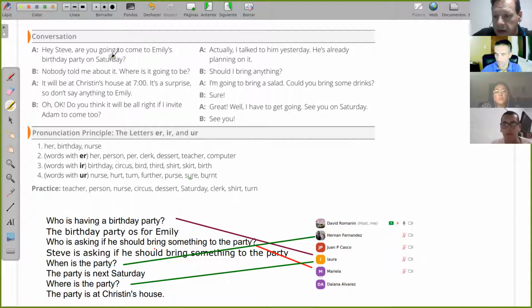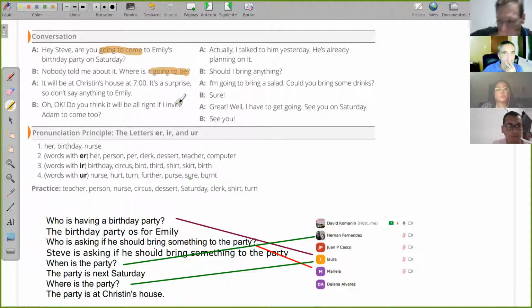Voy a dar un ejemplo, ¿sí? Lo que tenemos que hacer ahora es buscar dónde hay palabras que nos indiquen el futuro, ¿sí? Entonces, por ejemplo, are you going to come? Going to come. The question is in the future tense. Going to come. Okay? Where is it going to be is another.